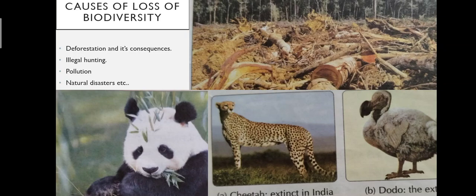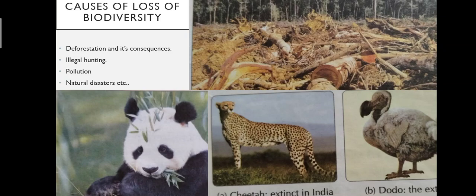CO2 is not a poisonous gas, but if an excess amount of CO2 is released, it will cause global warming. So when forests are cut, the level of carbon dioxide in the atmosphere increases, which leads to global warming. And global warming disturbs the water cycle, reduces rainfall, results in droughts, and causes melting of glaciers. So these are the consequences.